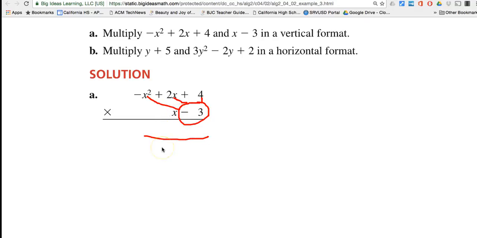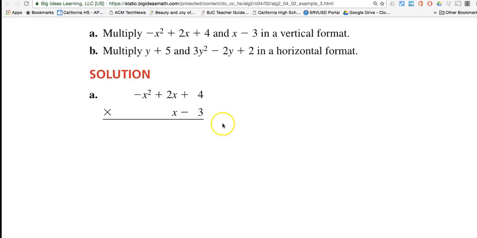Next, we're going to go to our second term, which is x, and we're going to move over a space, so we're going to leave a blank space here, and we're going to multiply x by each term. And we're going to write down that number right here. Then we're just going to go down and add each term vertically. So again, it's just like if we multiplied a 3-digit and a 2-digit number together.